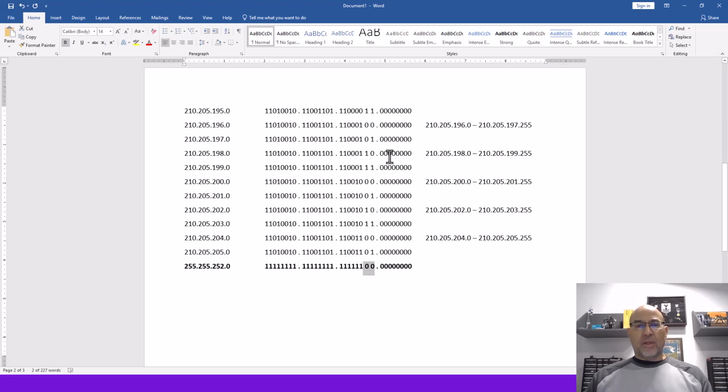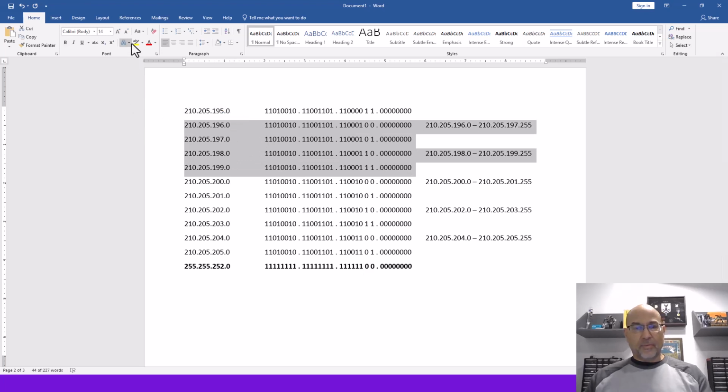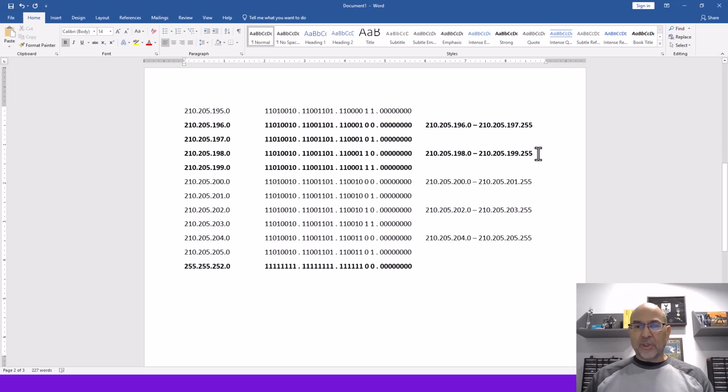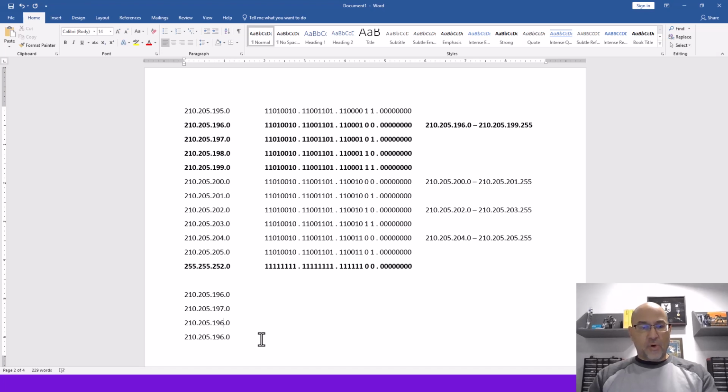So now the networks that can be aggregated together, well, there's 4 of them, right? And so now my address space is actually this. And I can get rid of this one. So my new routing table, which previously had 210.205.196.0, would have had 4 entries in the routing table for those 4.